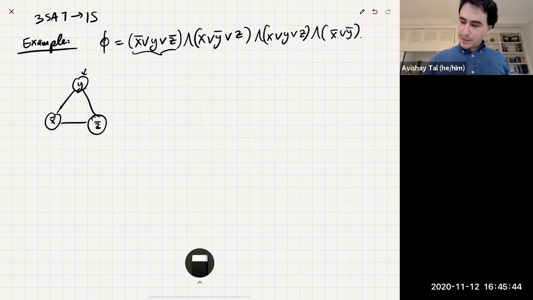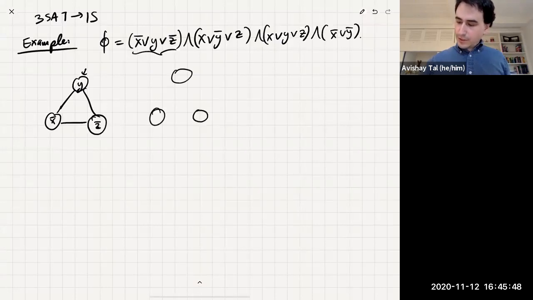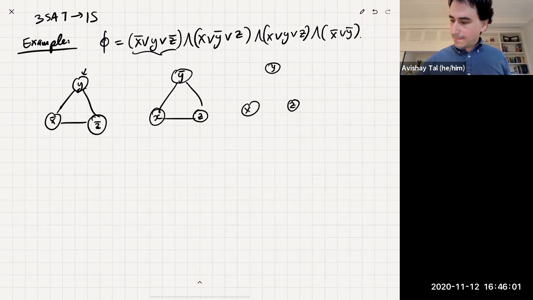Okay, so I'm doing the same thing for every clause. So here I have X, Y naught, and Z. Here I have X, Y, Z. And here I have X naught, Y naught.